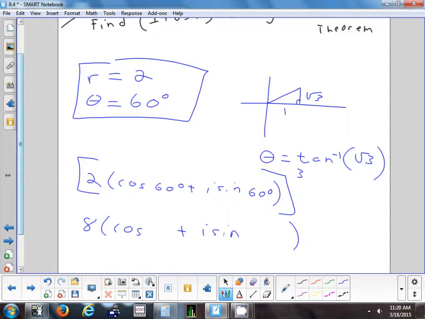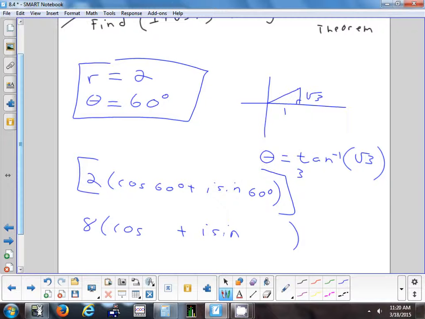Jill, how do I get my angle? What do you do with the 3 and the 60? You take them and multiply them. Yep. So take your angle, multiply it by the power.